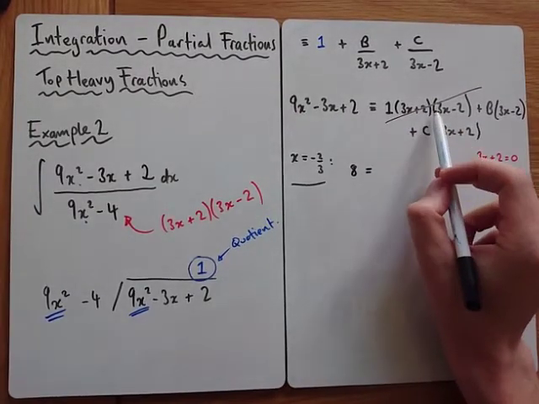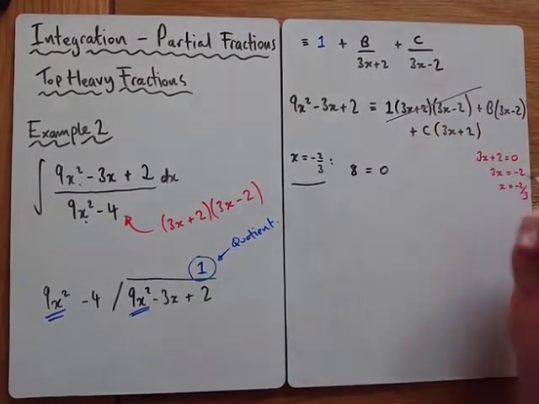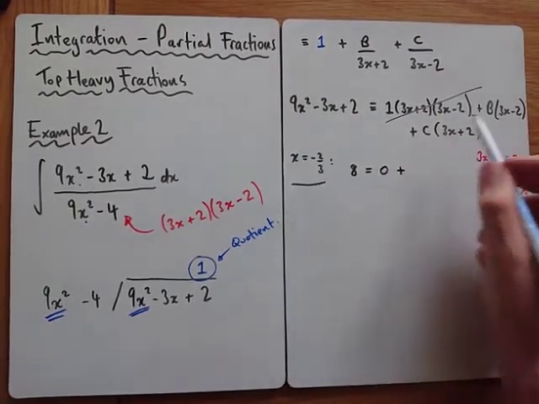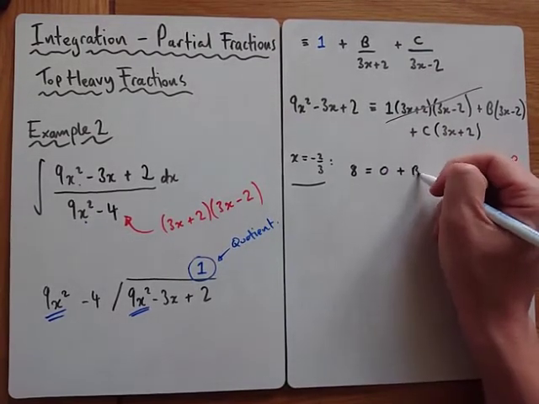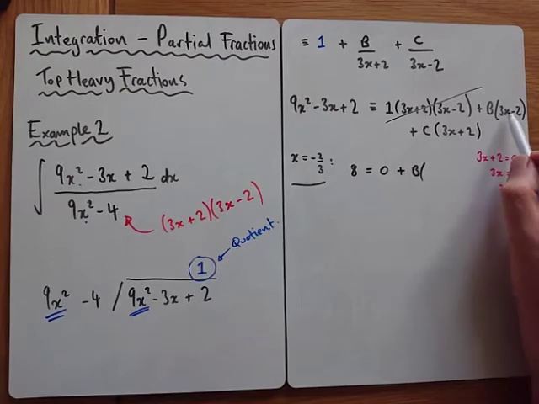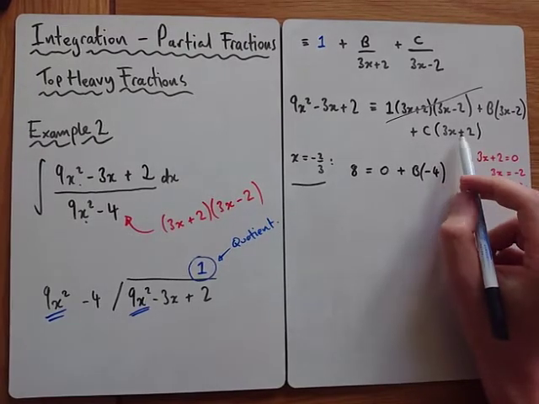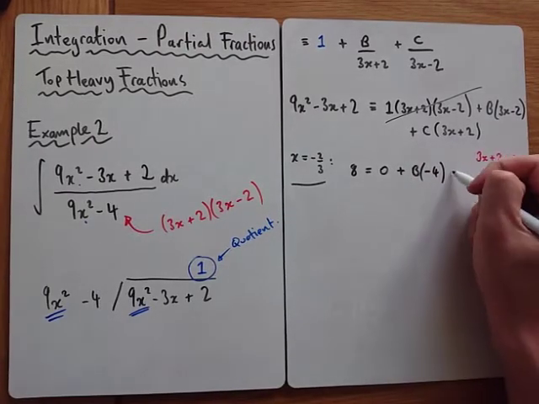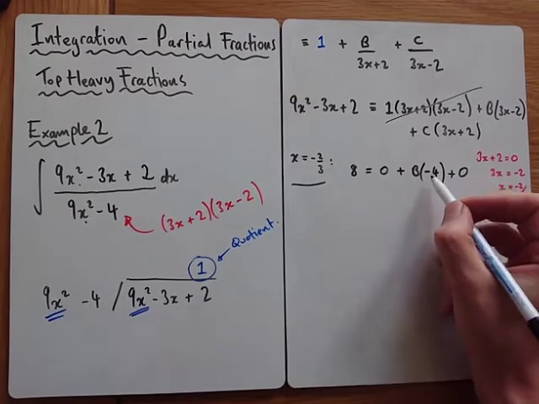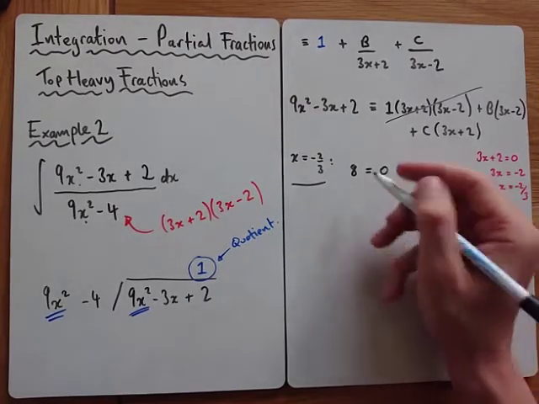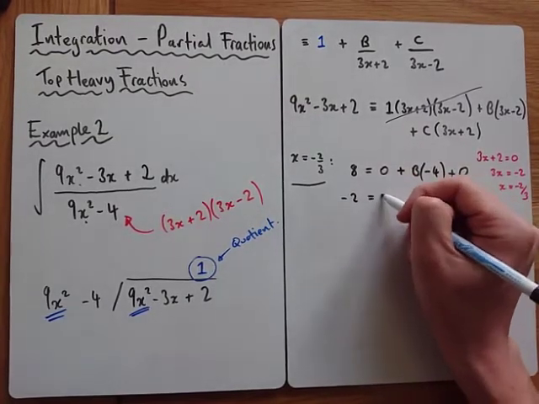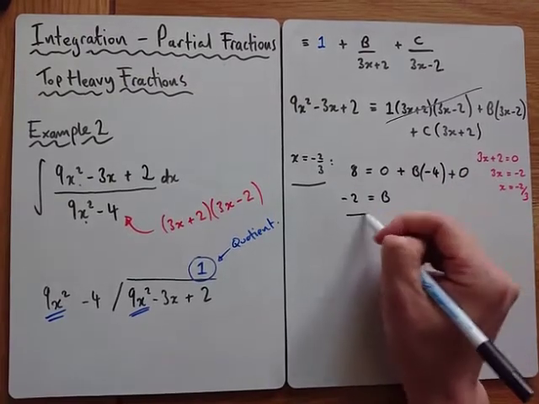Sub it into the right hand side, that would become 0. Minus 2/3 into this bracket, so minus 2/3 times by 3 would be minus 2, minus 2, minus 2, minus 4. Minus 2/3 into this bracket, it would disappear. So we've got 8 equals minus 4b, so minus 2 equals b.